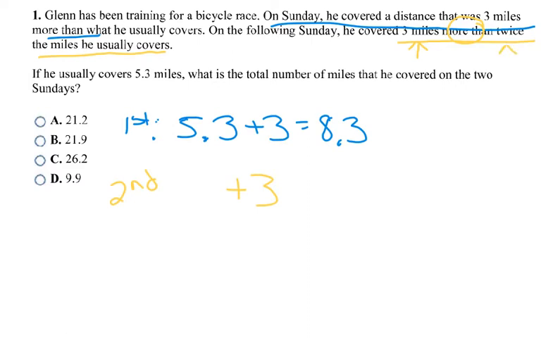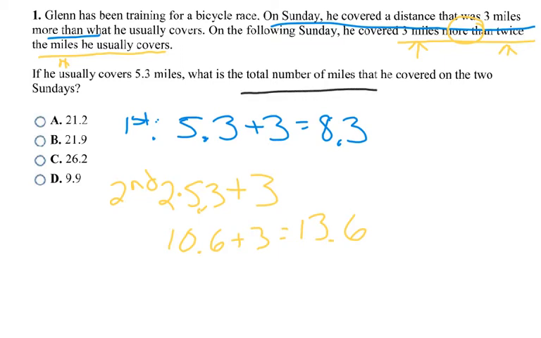And then twice the miles he normally covers. Twice means to multiply by 2. So at the beginning, I'm going to have 2 times the normal number of miles, which is 5.3. So we do multiplication before addition. 2 times 5.3 is 10.6. Plus 3 is 13.6.